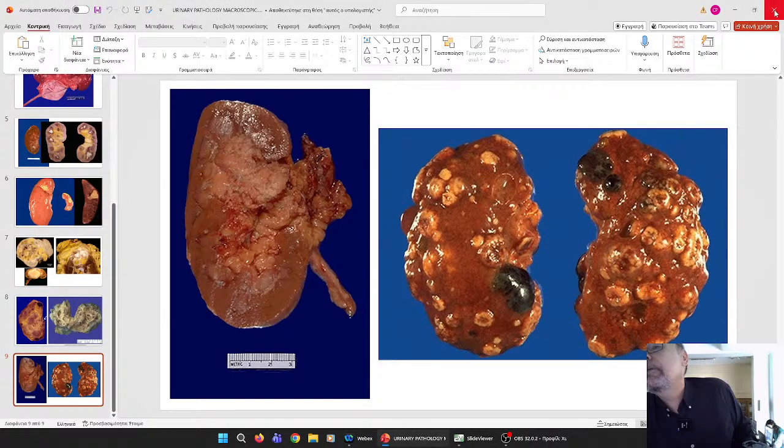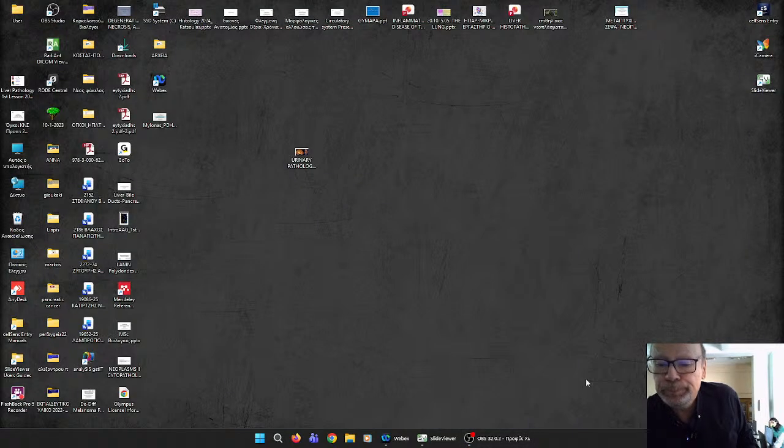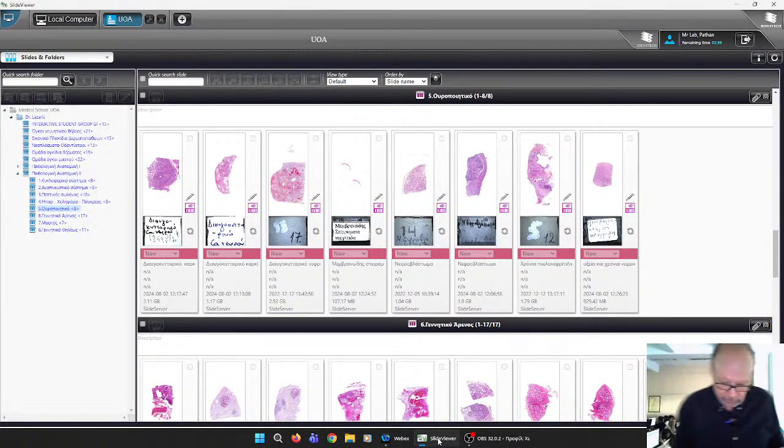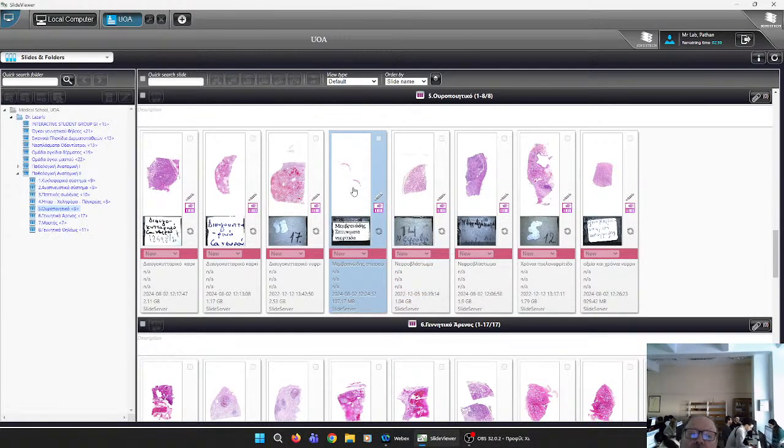Now we finished the gross pathology. Unfortunately, we did not have specimens to show you yesterday, so now we'll go on to the slides. We'll see the slide of membranous glomerulopathy.